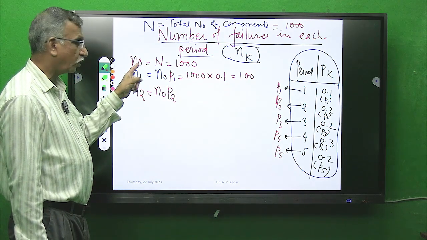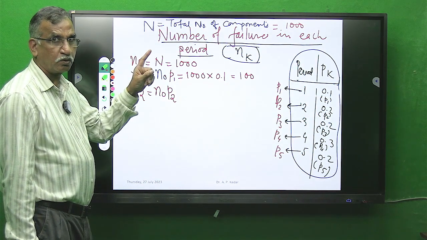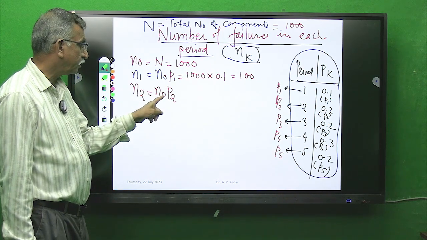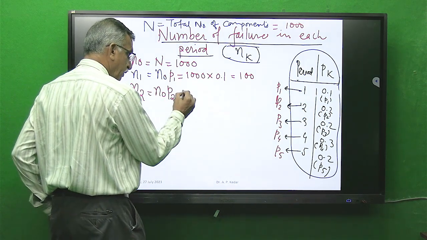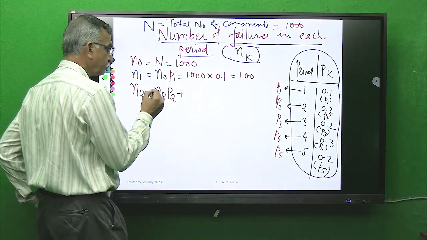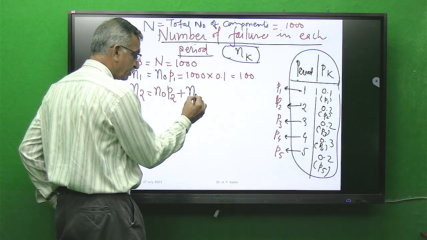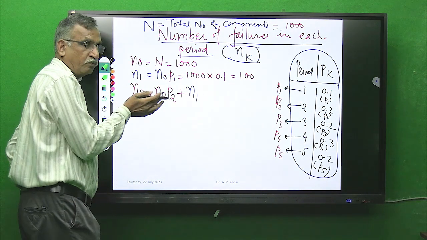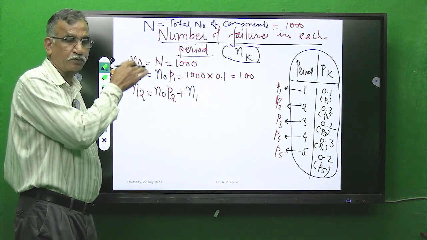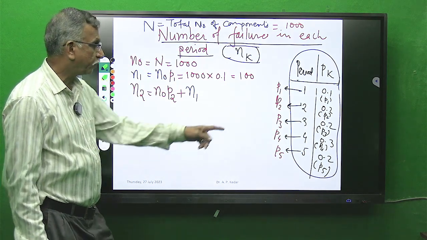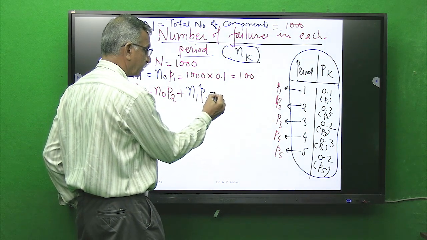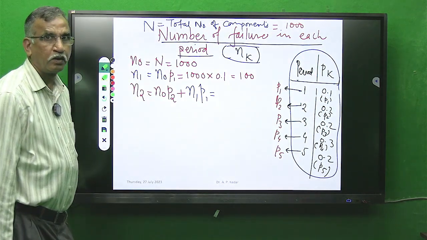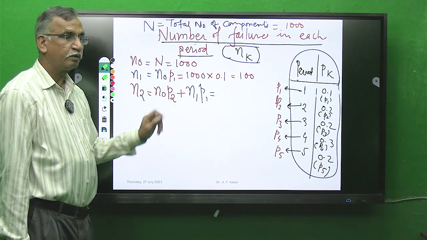N0 lot have probability of failure for second period, plus very important, N1 which you have replaced one time period before have probability of failure P1.